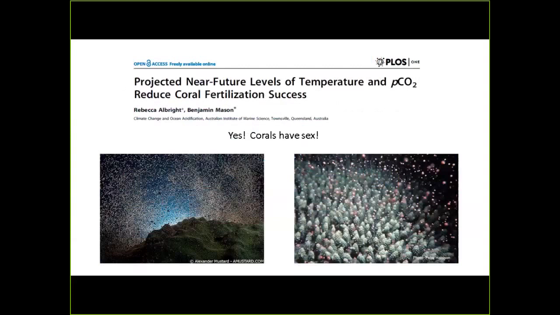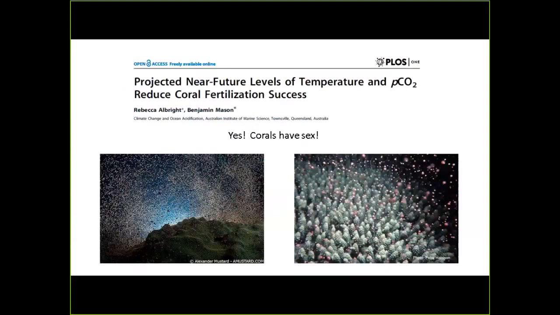Projected near future levels of temperature and partial pressure of CO2 in water, so more CO2 is more acidity, reduce coral fertilization success. So corals are animals, just like us. People always talk about people versus animals. It's really annoying because people are animals. And corals are animals too.